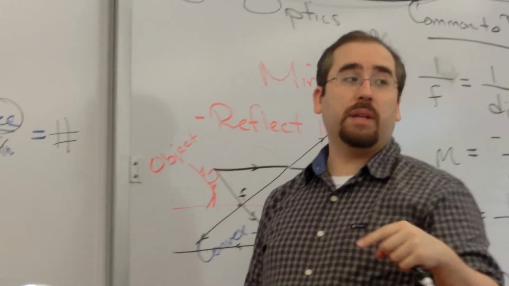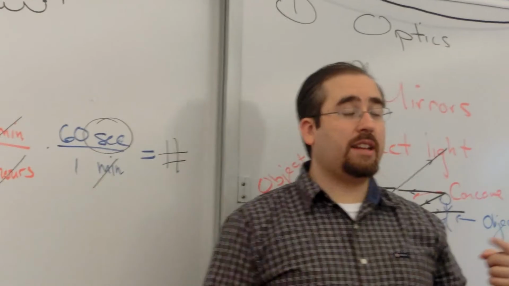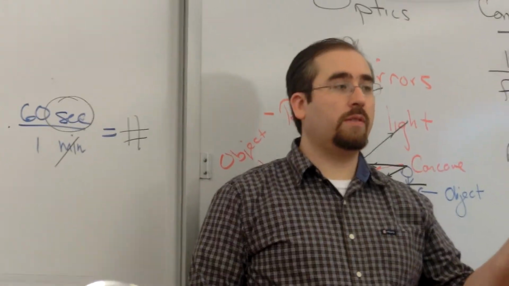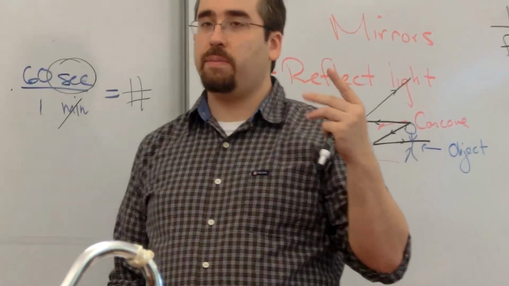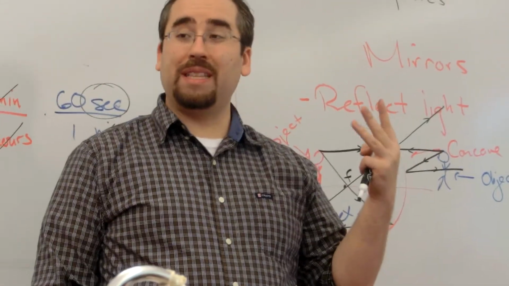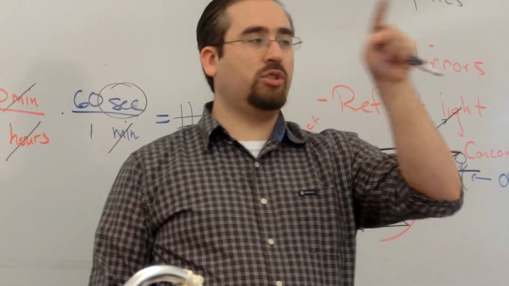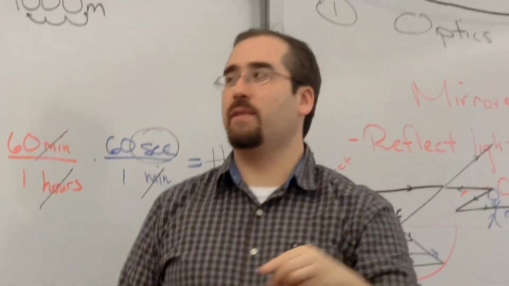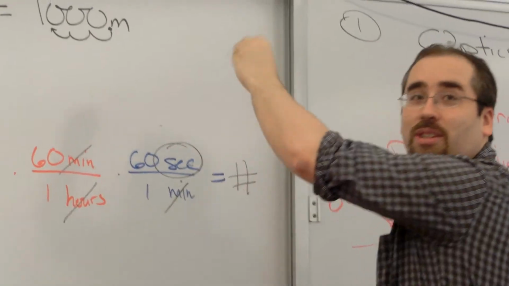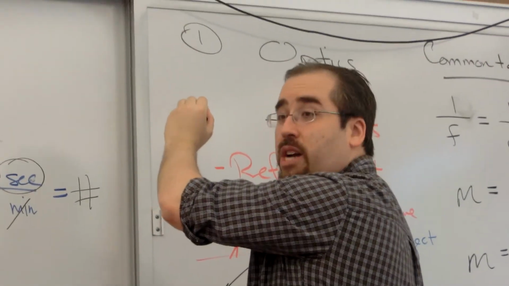So if I have 600 milliseconds, is that going to be a lot of seconds or few seconds? Few seconds. Milli tells me I have to move how many places? 3. Milli means 1,000. So 600, I have to move the decimal 3 times to make it smaller.